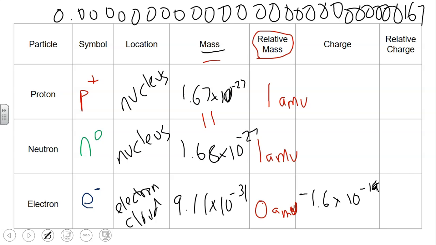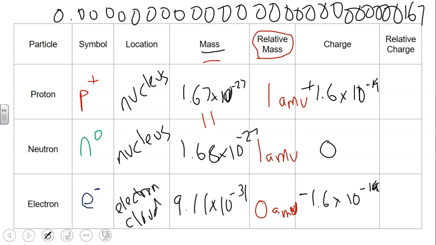Okay, and then they did further research and they determined that a proton has an equal charge but in the opposite direction. So a proton has a charge that's positive 1.6 times 10 to the minus 19 coulombs. And then a neutron wasn't discovered until much later than the proton and the electron, because a neutron has neutral charge, so it's harder to detect.